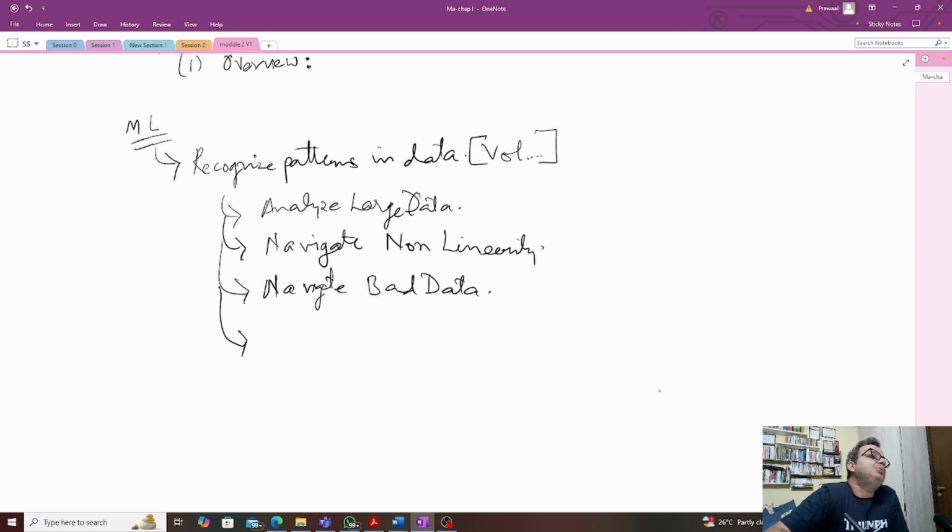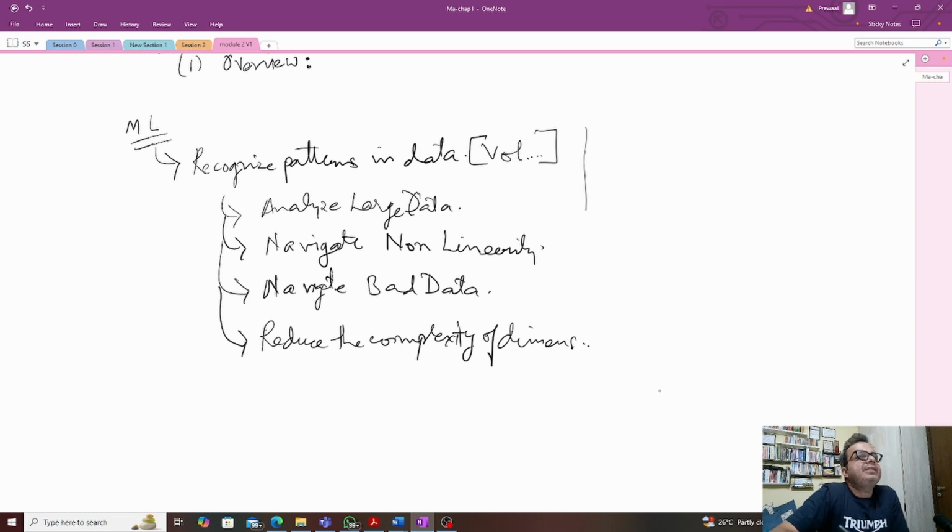And it also helps you to reduce the complexity of dimensionality. For example, if you are trying to find a behavioral pattern for some process which has hundreds or thousands of parameters, and you want to bring that down to a reduced number of parameters, say 10, 15 or 20, machine learning can help you with all of that.